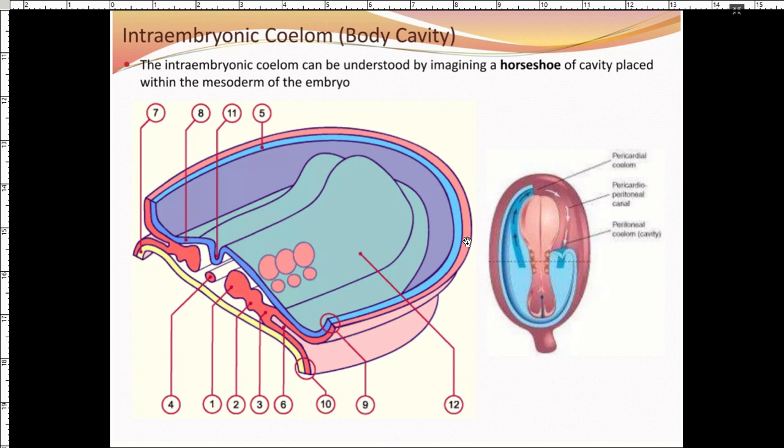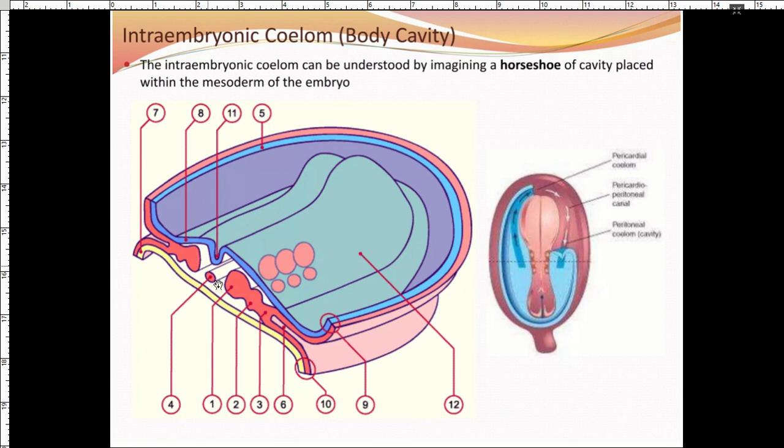Right, so let's just dive into a little bit of a recap. The intra-embryonic coelom can be understood by imagining a horseshoe of cavity placed within the mesoderm of the embryo. Remember, this is happening right inside the lateral plate mesoderm, that is being separated.